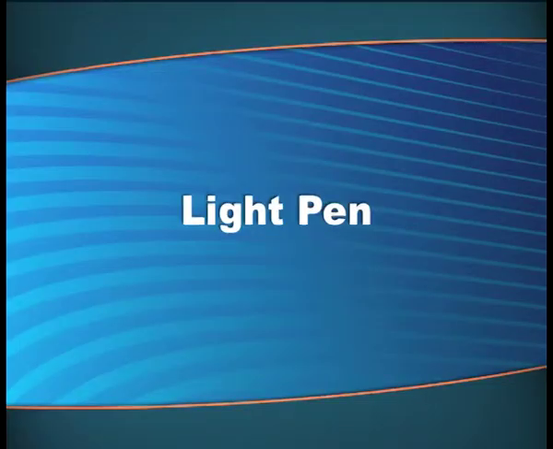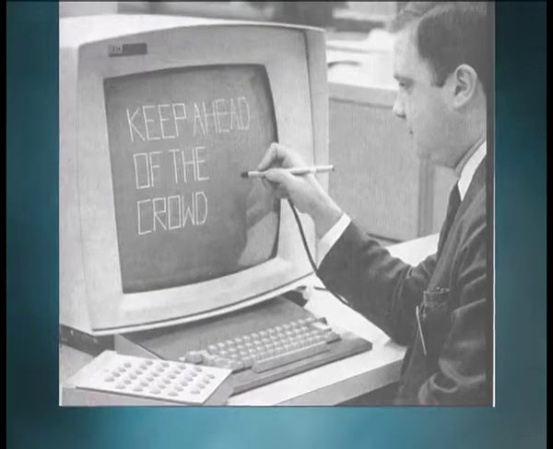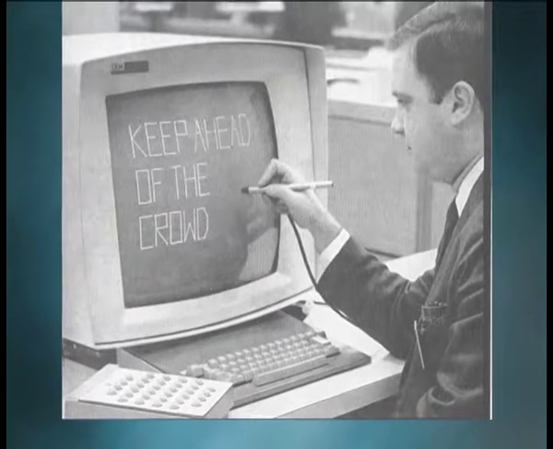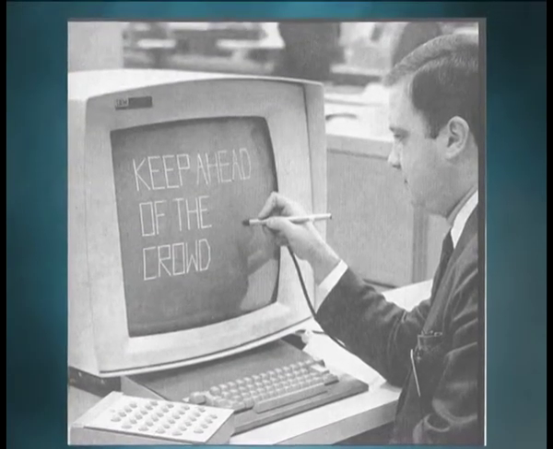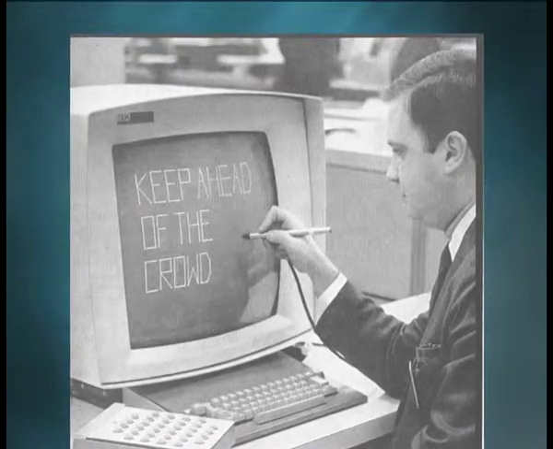Light pen. Light pen is a pointing device which is similar to a pen. It is used to select a displayed menu item or draw pictures on the monitor screen. It consists of a photocell and an optical system placed in a small tube. Trackball. Trackball is an input device that is mostly used in a notebook or laptop computer instead of a mouse.